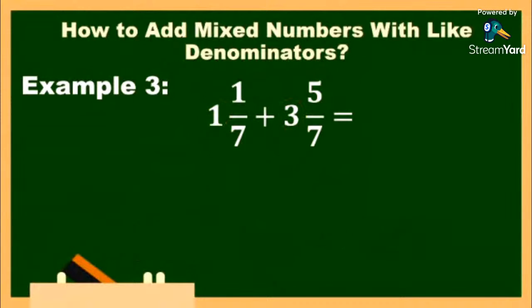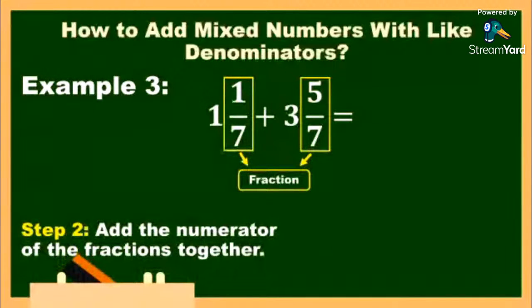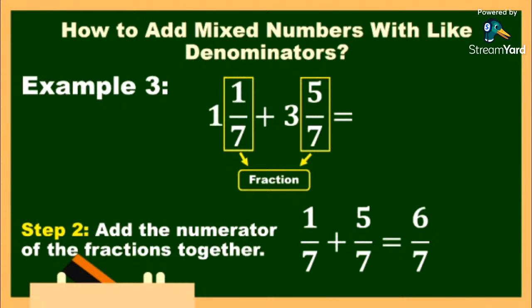Then 1 over 7 and 5 over 7 are the proper fractions. So, in step 2, add the numerators of the fractions together. So, dito sa ating fractions, ang ating numerator ay 1 at saka 5. So, add 1 over 7 plus 5 over 7 is equal to 6 over 7.